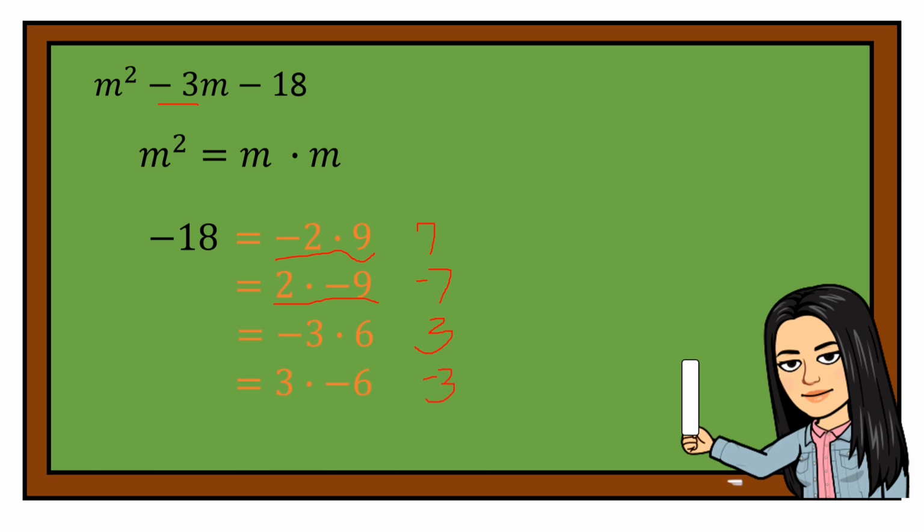Again, we apply the rule in addition and subtraction of integers. Same sign, keep and add. Different sign, subtract. Okay, so we get negative 3. Next, since ito yung nakuha nating pair that sums up to the middle term, our final answer now is m minus 6 times m plus 3.